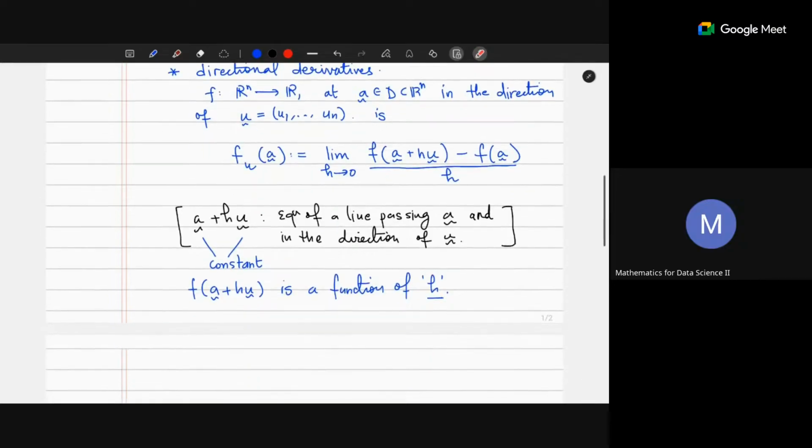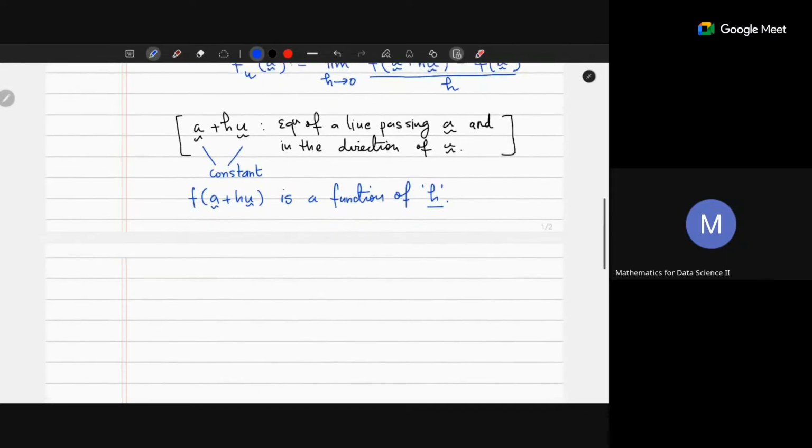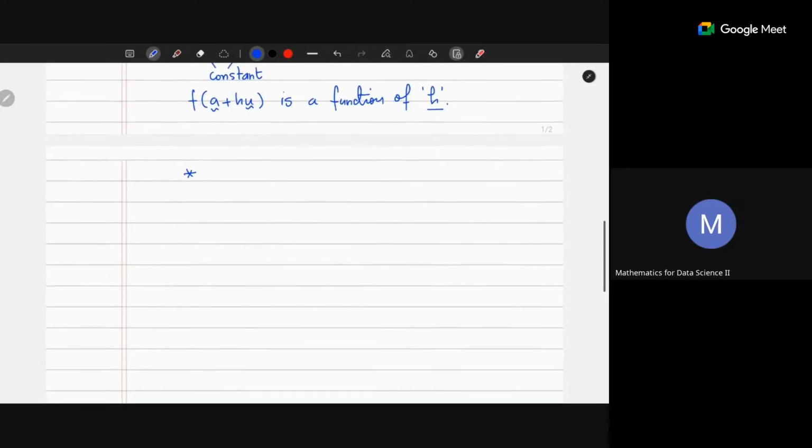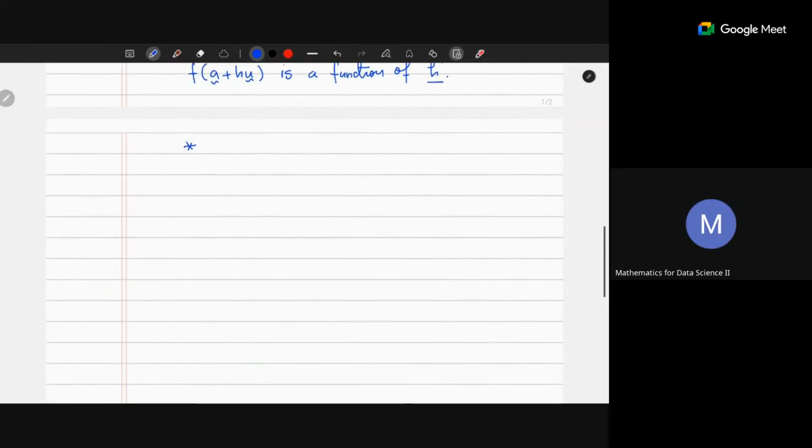All right. At the end of the last session, we have also seen the relation, how one can interpret a directional derivative in terms of the gradient.